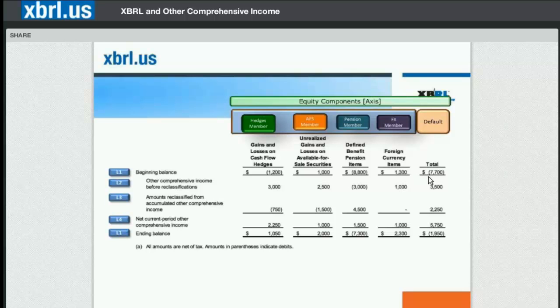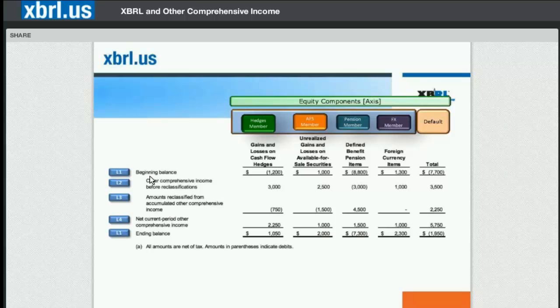So amounts in the total column need not be tagged if the line items appear elsewhere in the instance document, as they will flow through to this instance document page. Any consolidated amount that does not appear elsewhere should be tagged without an AOCI domain number. Amounts in parentheses are debits, and all amounts are net of tax as per Note A.